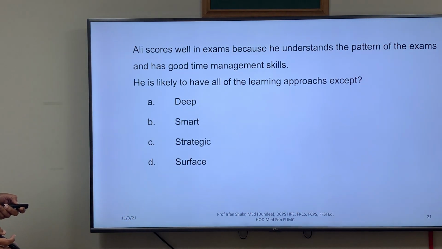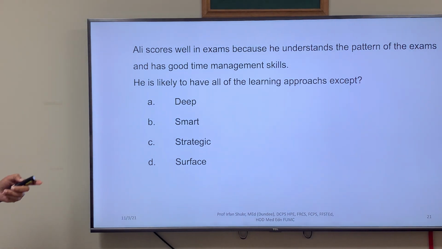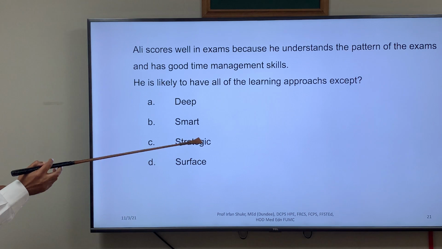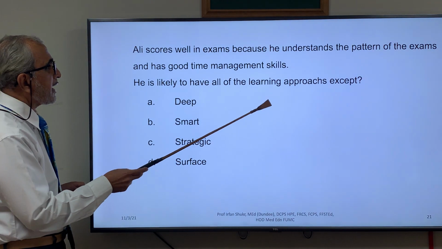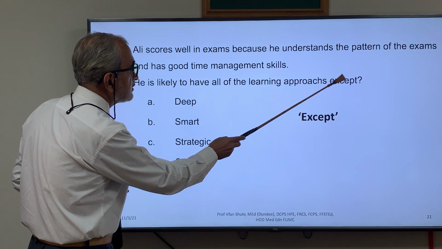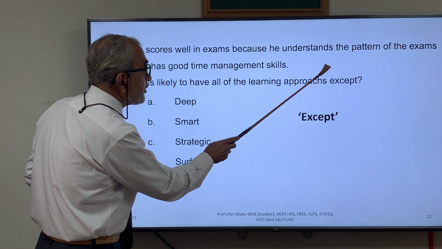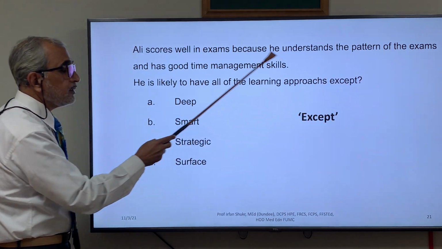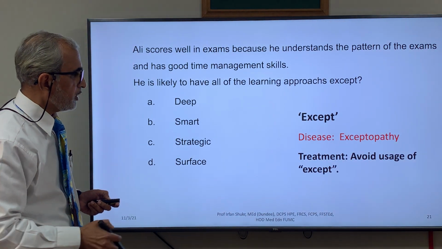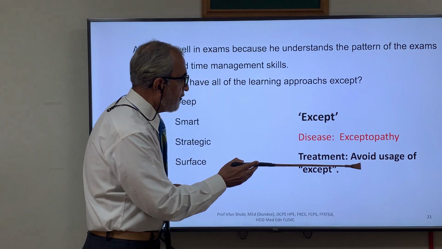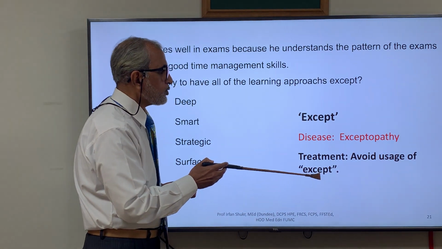Now let us say, if you see this MCQ, then what is wrong in this? Now if you see, the word except is used. If you remove this word, the quality of MCQ will improve. So therefore, the treatment is avoid usage of except.